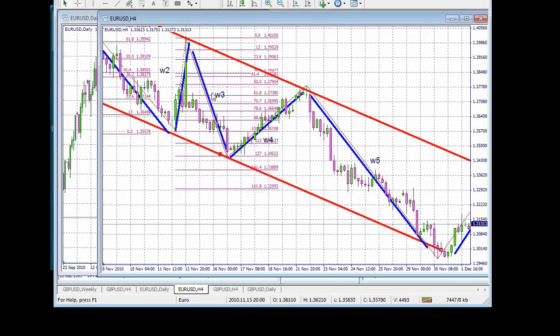Actually, most of the time, wave 3 is something between 113 and 161 from the second wave. So in this area, we can consider that wave 3 is ready to be complete, and we are expecting that at 127 or at 141 the pair will start a new wave.